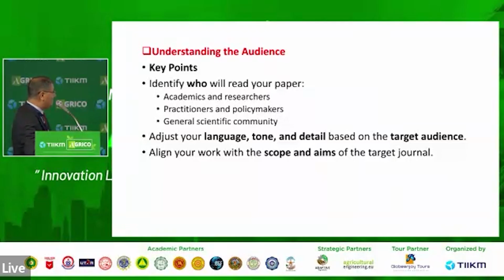And align the paper with the scope and aims of the journal. Many times people send a paper and when I go to it, it doesn't fall in the scope of the journal. So why put in all the effort and follow the instructions of the journal, wasting all that time, when by the end your paper doesn't fall in the scope of the journal?